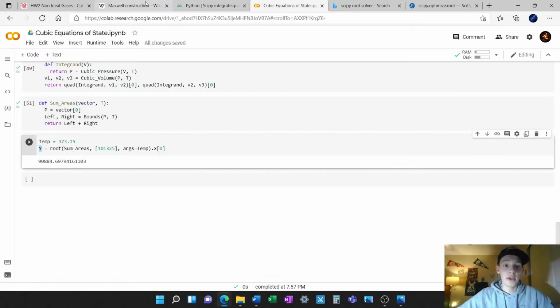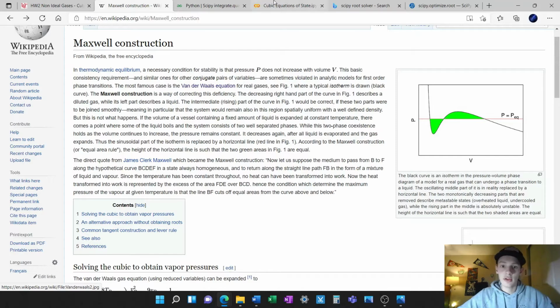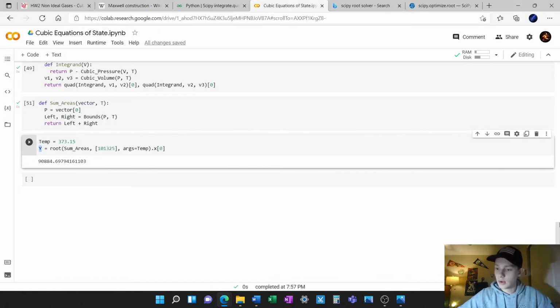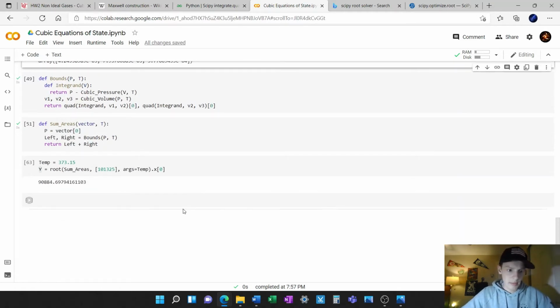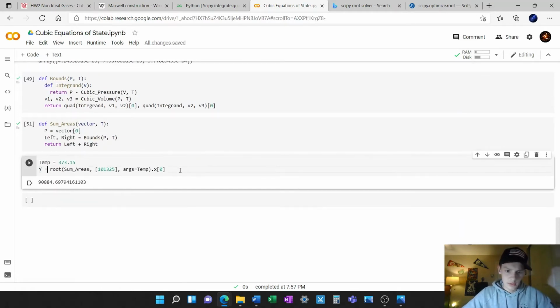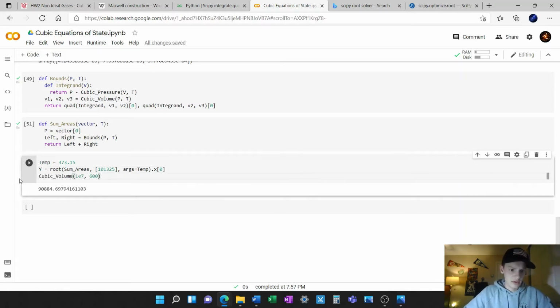And what that means is we can actually get these volumes. So let's use our cubic volume function that we have from a past video to get that, okay? So what is that going to be? Well, that's going to return 3 values in this case, 3 volume values.